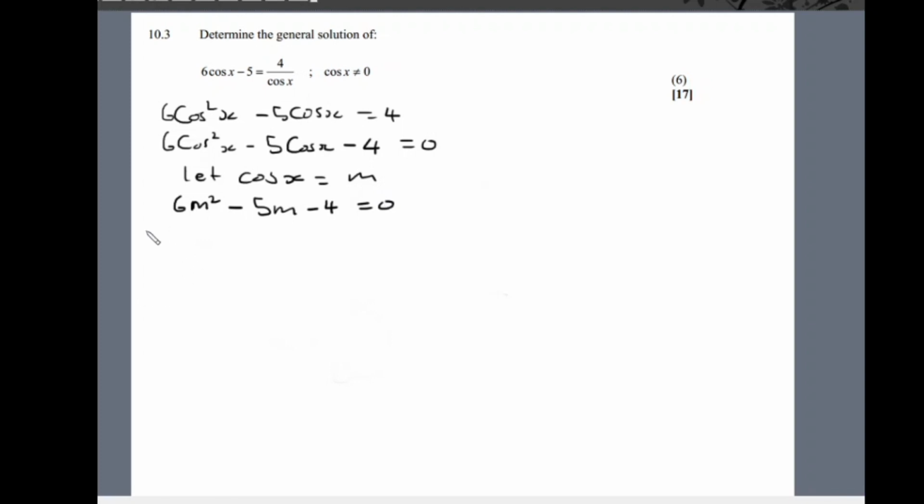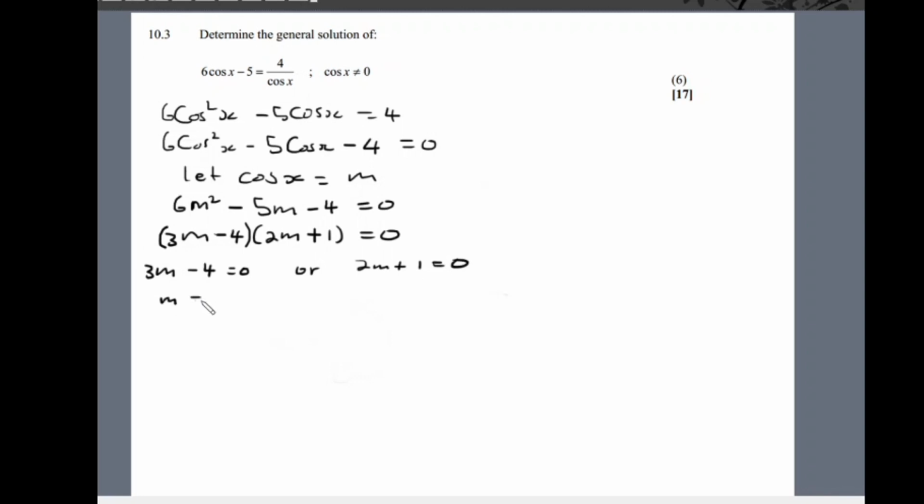So mina I will factorize, right? So if we factorize this equation, sizoba no (3m minus 4)(2m plus 1) is equals to 0, right? So 3m minus 4 will be equals to 0, or 2m plus 1 will be equals to 0, right?